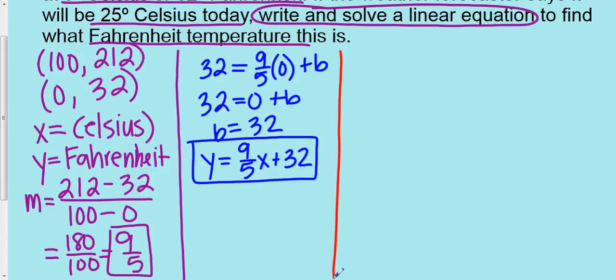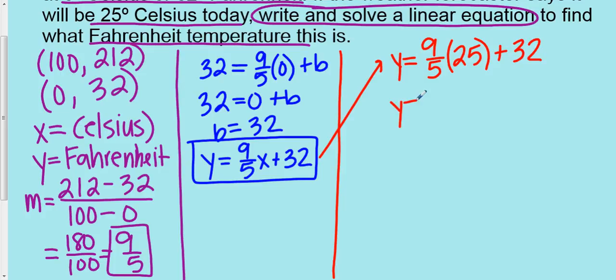So using that equation that we have come up with, we're solving for y, our Fahrenheit, when x, my Celsius, is 25. 9/5 times 25 is 45. 45 plus 32 is 77 degrees Fahrenheit.